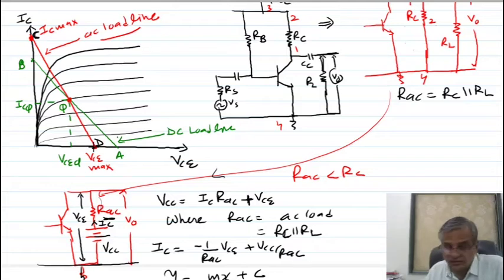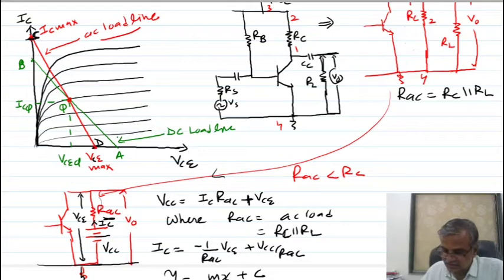Let me say this value I have written is the current maximum, IC max, and this is the AC voltage I have written, VC max. To draw the AC load line, I should know the IC max point on the IC axis and the VC max point on the VC axis, so I can easily draw the load line.